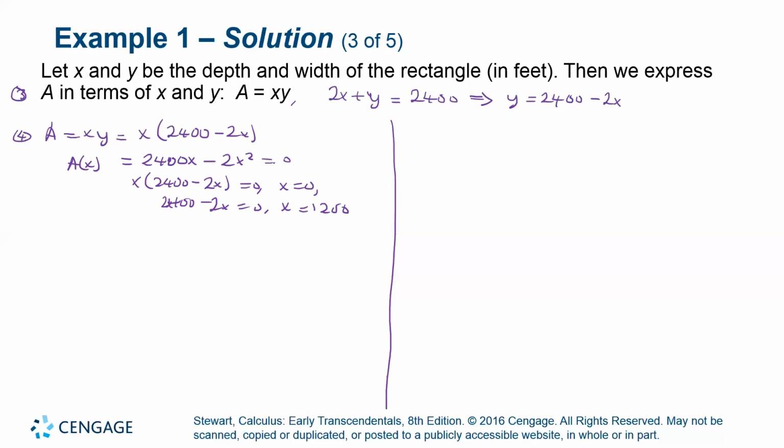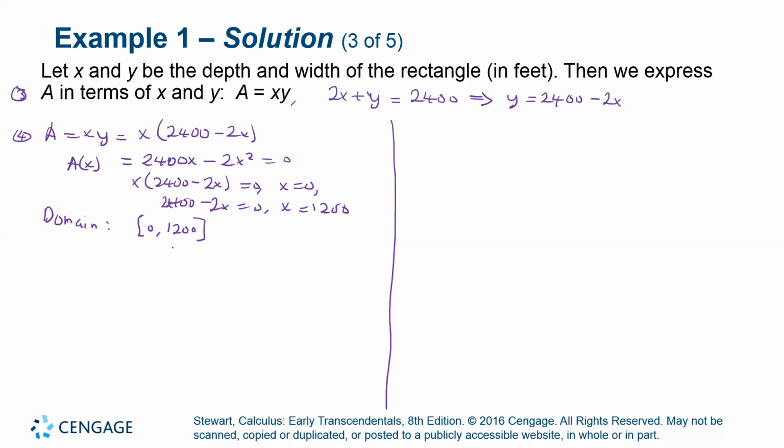So the domain of this function is between 0 and 1200, a closed interval. The area could be 0 if x is 0, and if x is 1200 it is also 0. So the maximum value will occur within this interval.